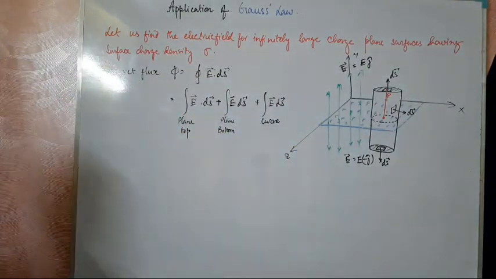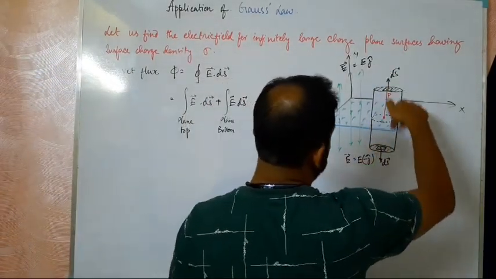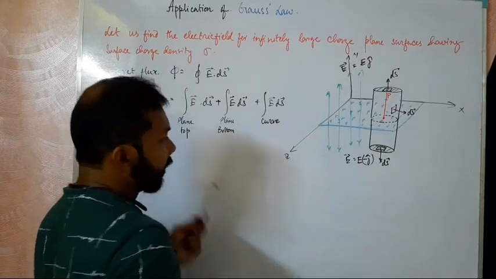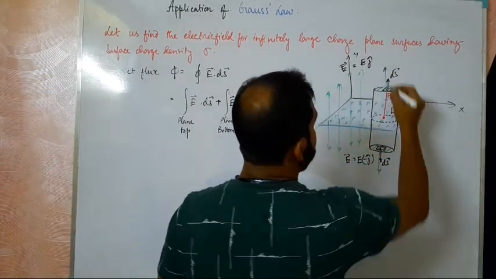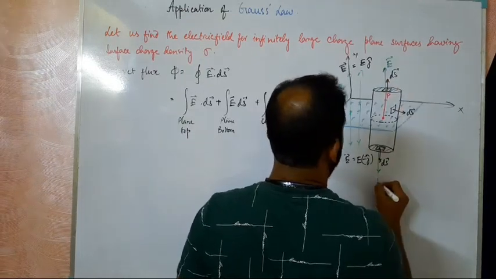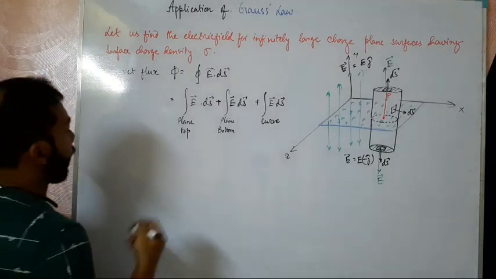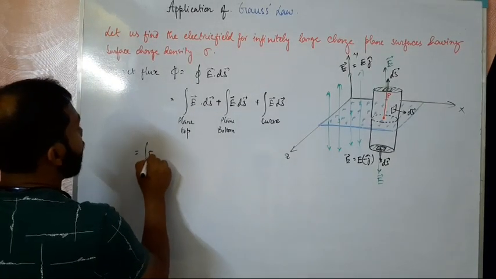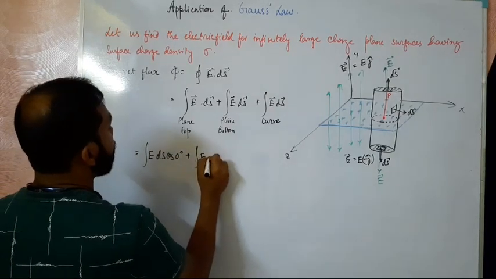Now look at the figure. For both the top surface and the bottom surface, the direction of electric field and the direction of ds vector are the same. That means they are making 0 degree angle. So we have E ds cos 0 degree for both.